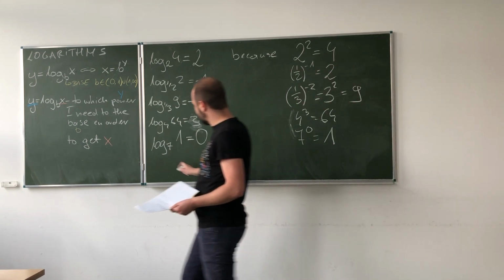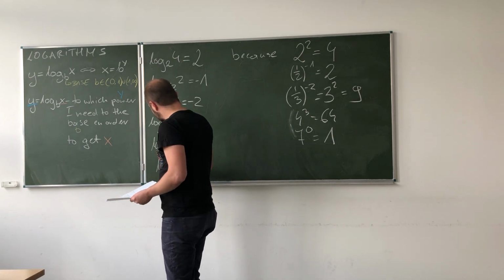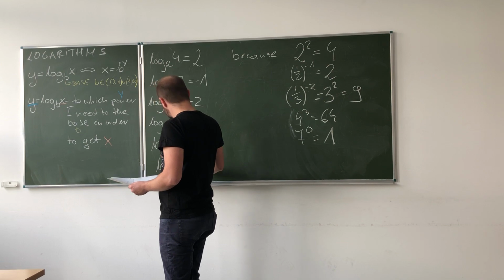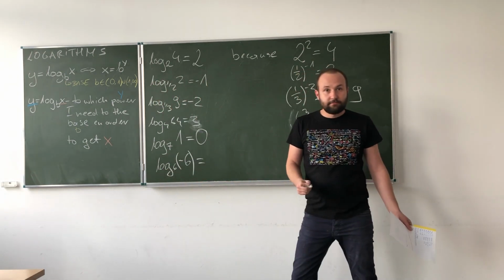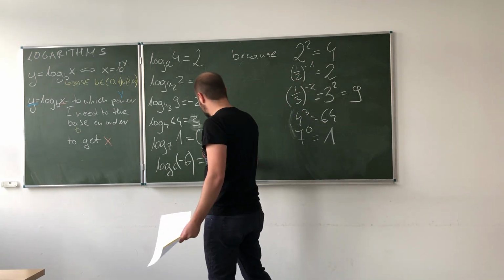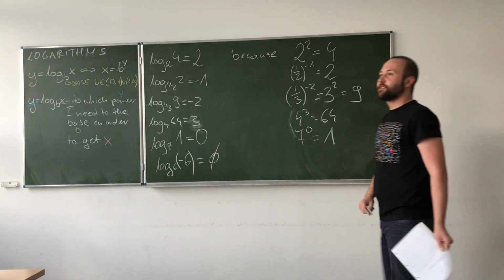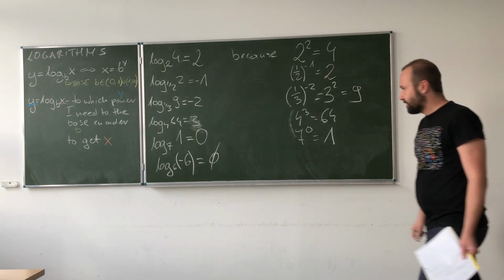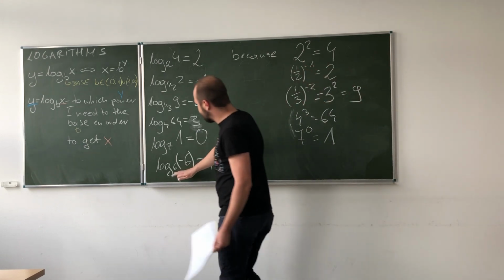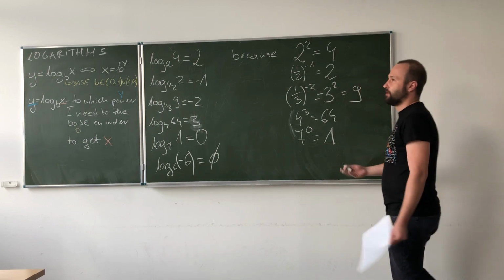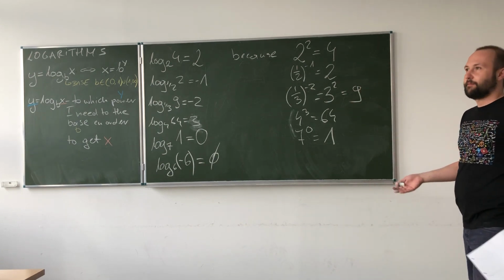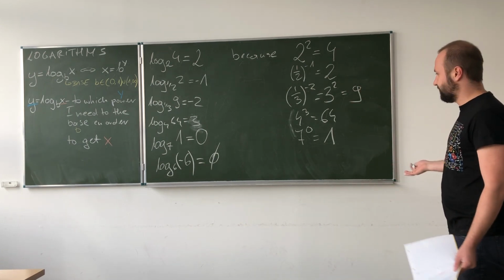Okay, and how about logarithm with base 6 out of negative 6? The answer is, there's no answer. There's no imaginable power to which you can take 6 and get negative 6. You cannot take a positive number to some power and obtain a negative.